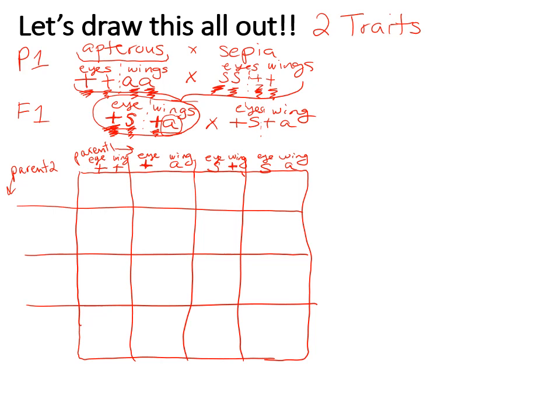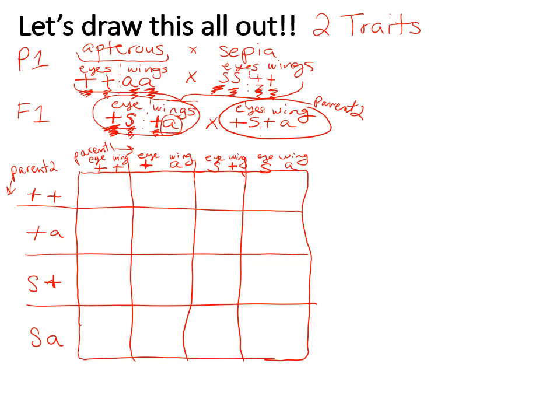Now you'll notice that our F1 parents, parent 1 and parent number 2, so this is parent 2, have the same genotype, so they can make the same alleles and the same gametes. So parent 2 will also make 1 gamete that's plus plus, 1 gamete that's plus a, 1 gamete that's s plus, and 1 gamete that is s a.